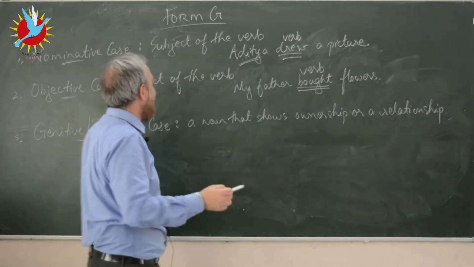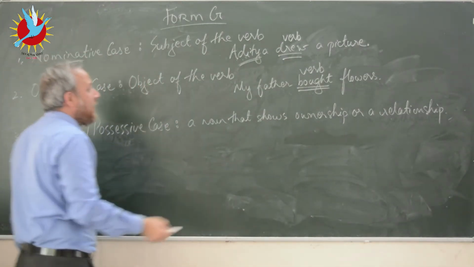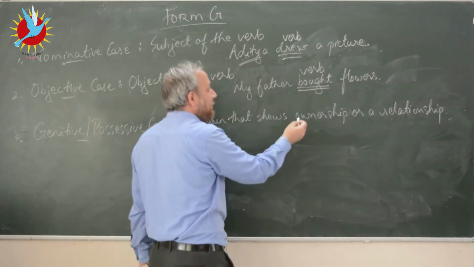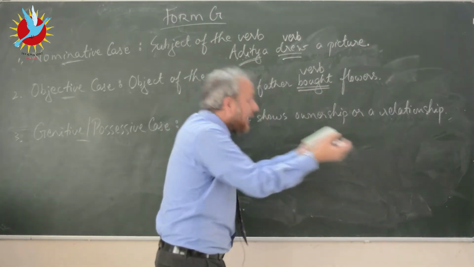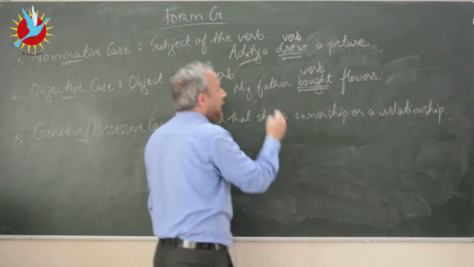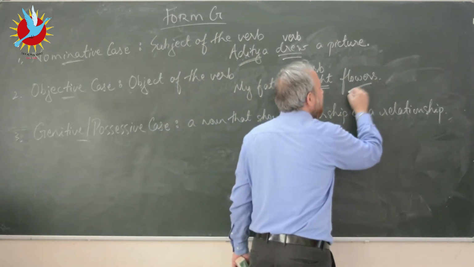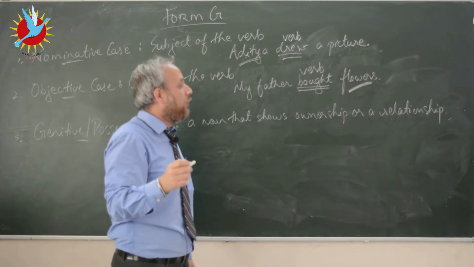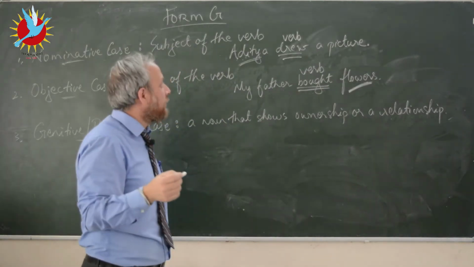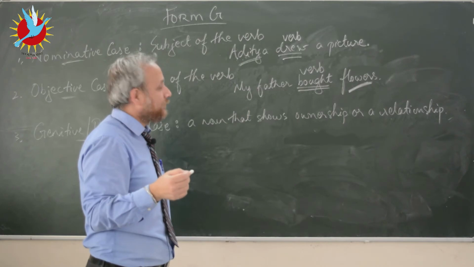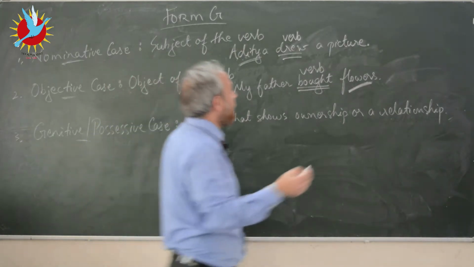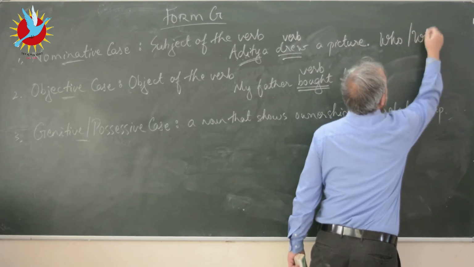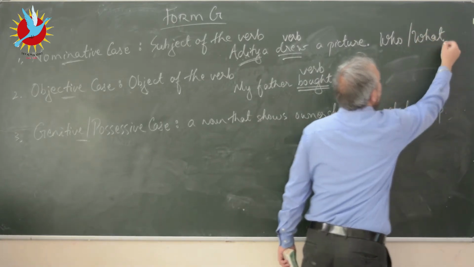Remember that. And what about the object of the verb? My father bought flowers. The verb here is bought. My father bought what? Flowers. If you want to find the subject, ask yourself the question who or what before the verb.